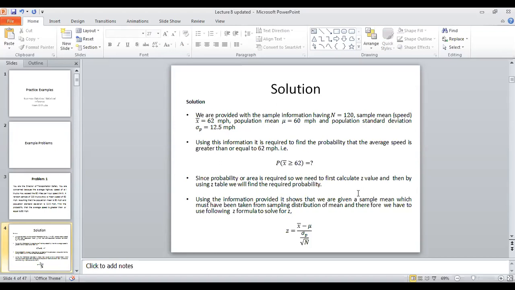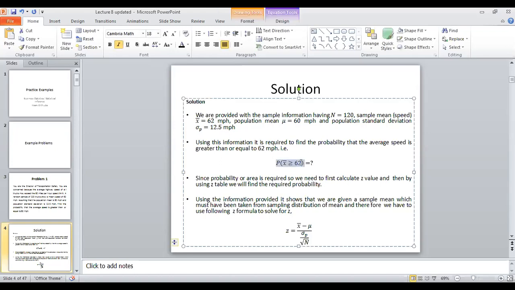We have used a subscript p over here to indicate that the standard deviation is of the population, or you can simply write sigma as well, because sigma normally indicates the population standard deviation. Using this information, it is required to find the probability that the average speed is greater than or equal to 62 mph. This English statement can be translated mathematically as: probability of x bar is greater than or equal to 62, and we have to find it, so it's a question mark.